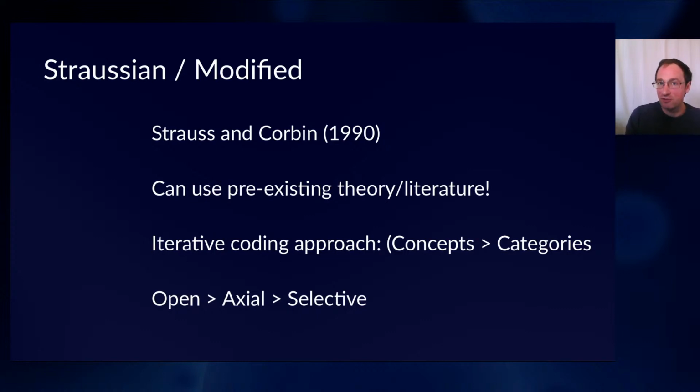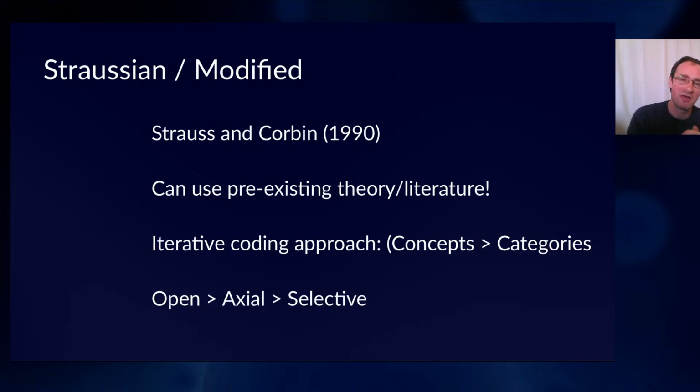It's slightly more prescriptive of its steps, but it does argue that you can use pre-existing literature and look at pre-existing theories early on in the process, not necessarily before you start, but at least quite early on. Now that also doesn't talk so much about codes and themes, it talks about concepts and categories. The definitions of those are slightly different, but they kind of amalgamate.